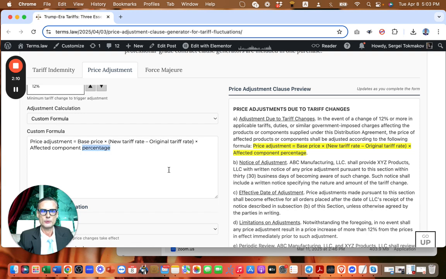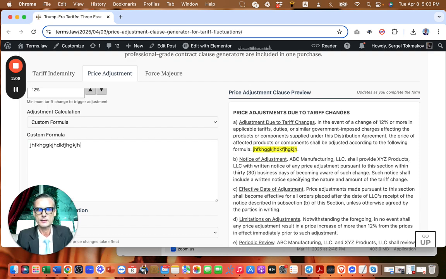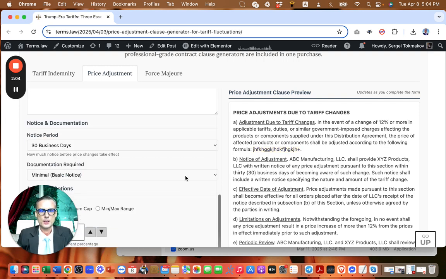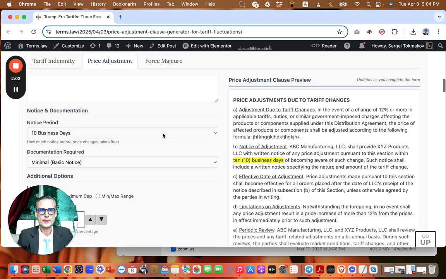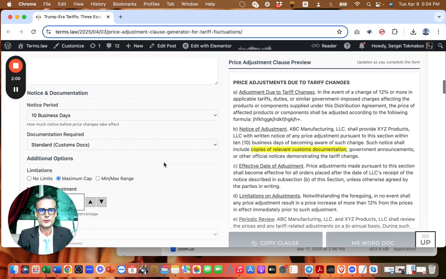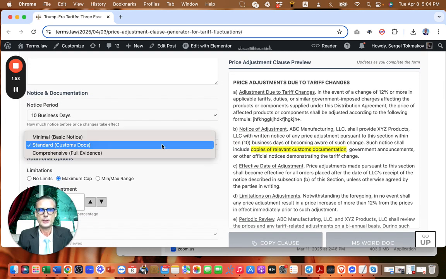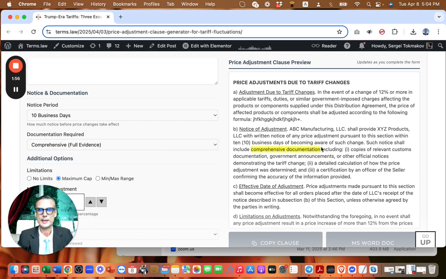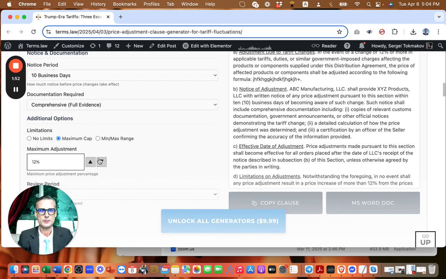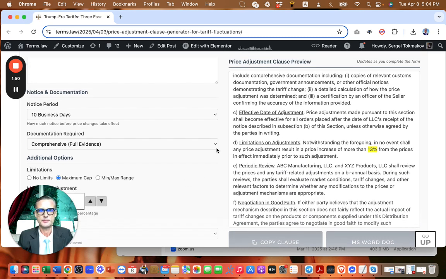You can have your own formula if you would like. It will be right here. Notice period, pretty self-explanatory. How much documentation you're going to require, you can enter right here. The form will automatically update, minimum maximum adjustment.